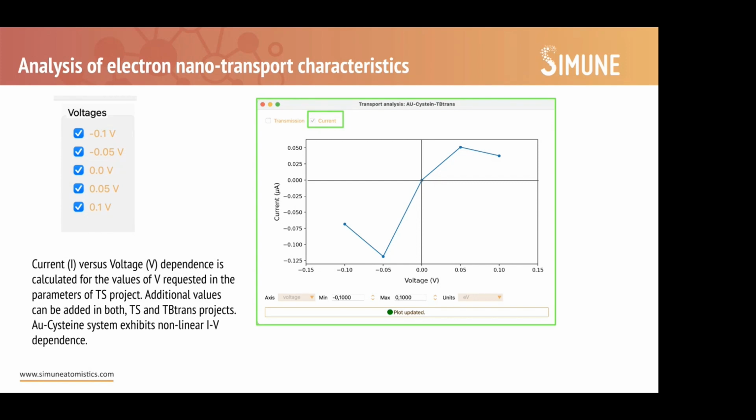This is what is really seen in experiment, and this is really interesting. For example, for 0 voltage, we have 0 current, but as soon as we change it, there is an increase of the current, but there is also a drop. So this is an antisymmetric curve, and these results can be directly interpreted by the experimentalists.